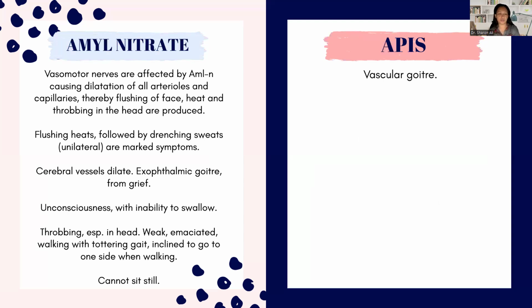Amyl nitrate. So amyl nitrate, we usually know it for heart attacks. We know it is a remedy which works like sorbitrate. We know it for angina. Okay. But it is a very, very good remedy for thyroid, hypothyroidism.